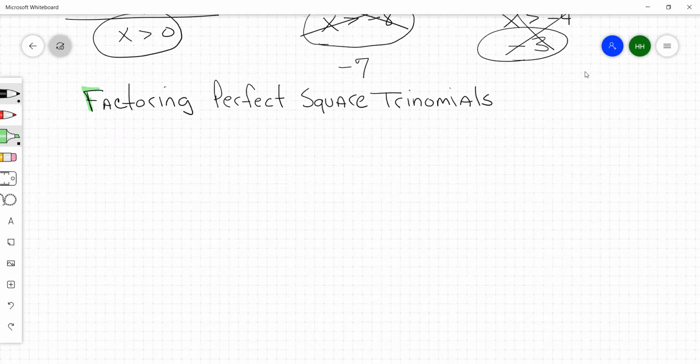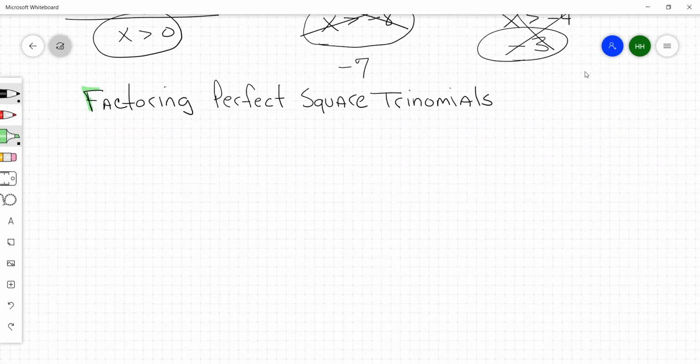Now, when you're factoring these perfect square trinomials, it's kind of a lot simpler than what you've been doing, especially what you had to do yesterday when there was a lot of trial and error involved.